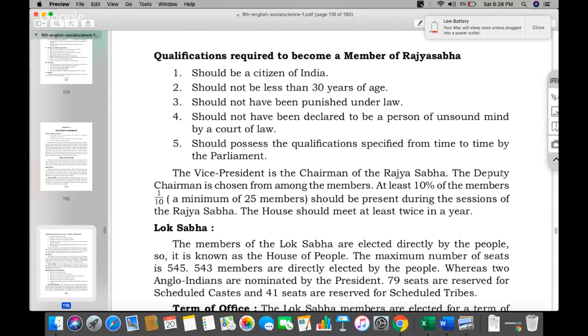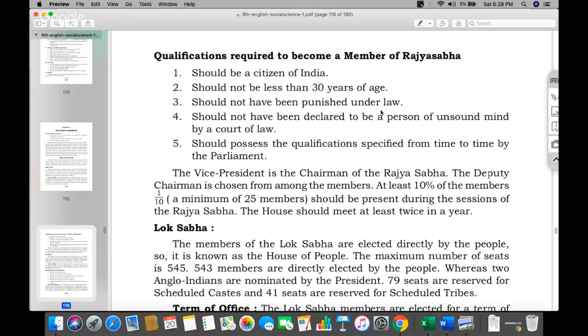This is the only question which can be formed from the criteria, because age varies for Lok Sabha and Rajya Sabha. For Lok Sabha, it is 25 years. For Rajya Sabha, it is 30 years. So please remember that any person who wants to be a member of Rajya Sabha has to be 30 years of age.